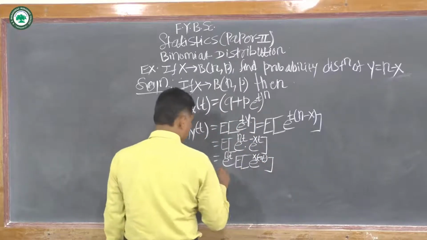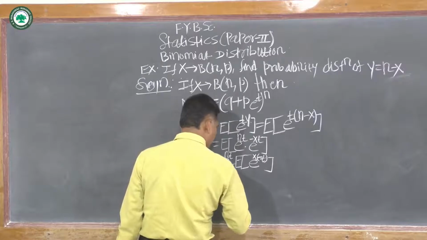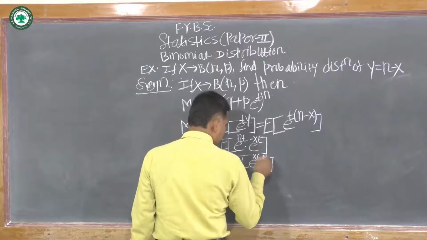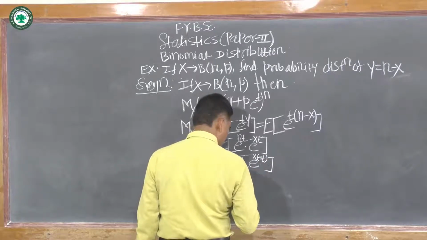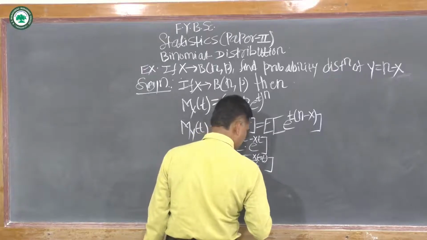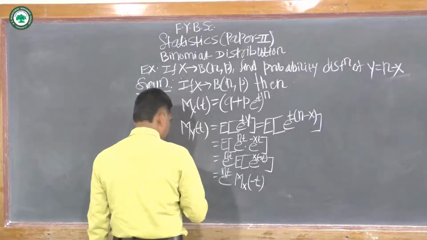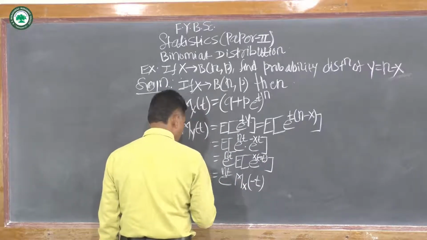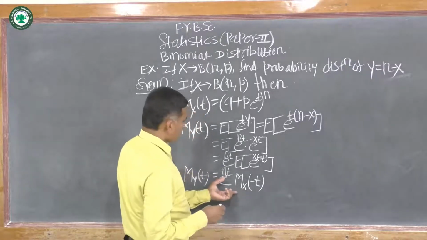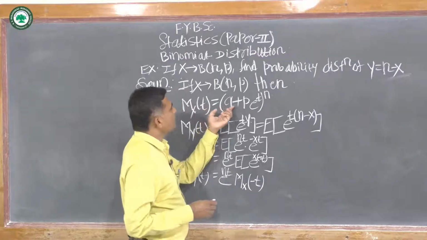This is the MGF of random variable X, MX of minus t, so this is MY of t.